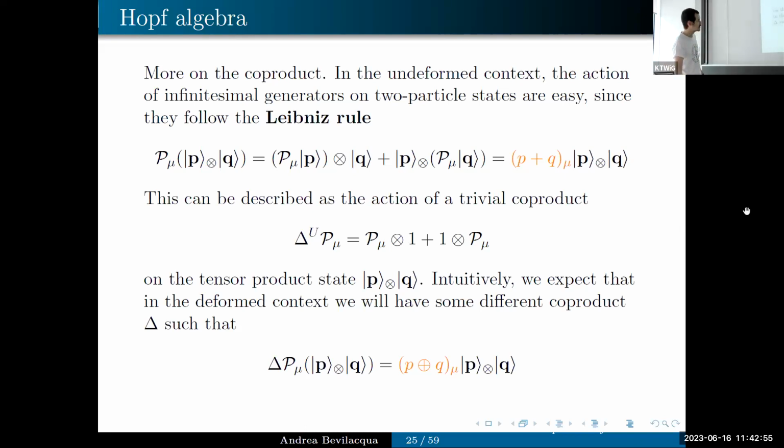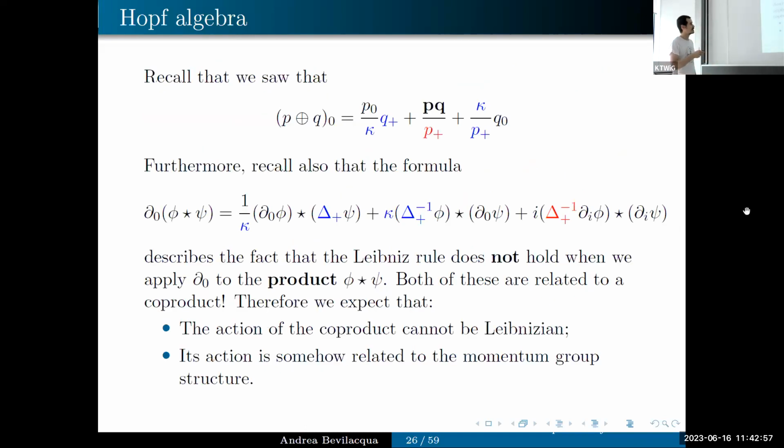Now, we already saw, for example, that when we add two momenta, here I wrote it only for the zero component, the rule is not particularly simple. And we also recall, I showed you this before, that whenever you act with the time derivative on a product of stuff, you get this very complicated relation.